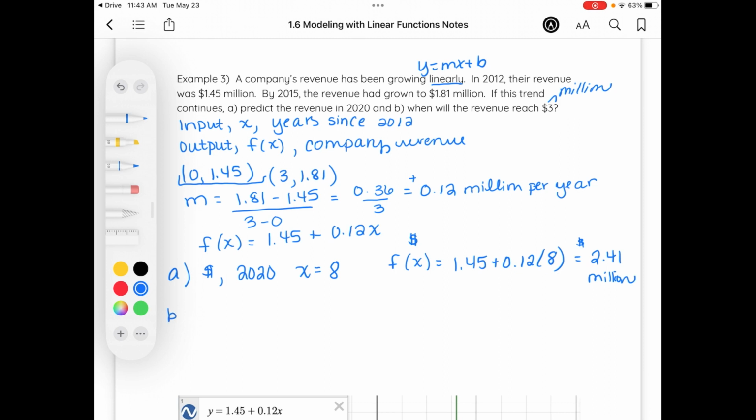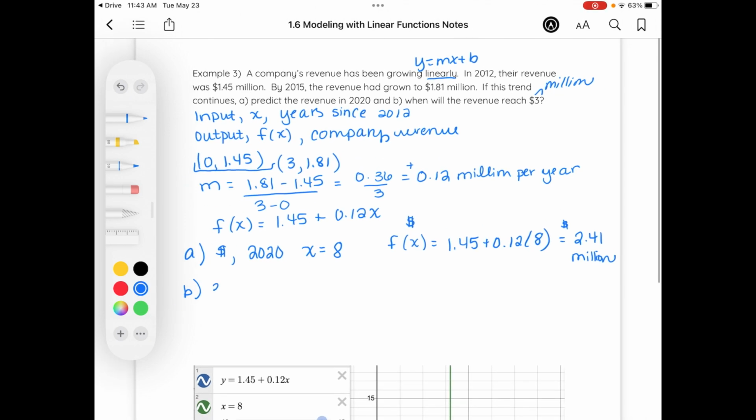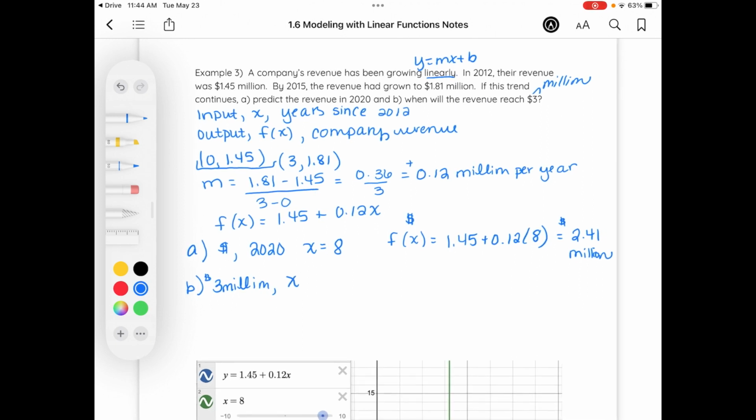What about in part B if we want the revenue to be 3 million? Well, we want to know what if we have 3 million, what is the time that it will take to get there? We don't know how long it will take to get there. So in this instance, since I'm given the revenue, I will say this is 3 equal to 1.45 plus 0.12x, and then solve for x.